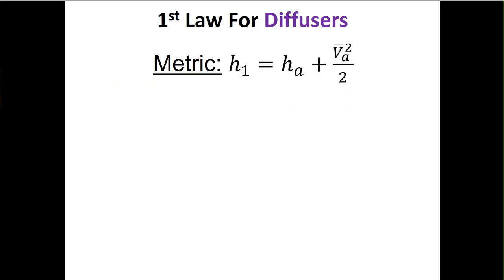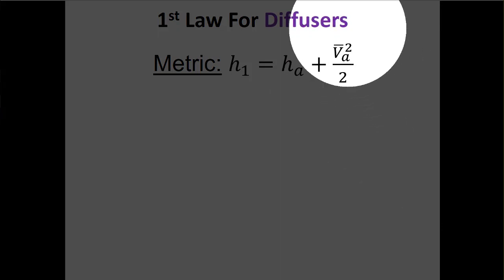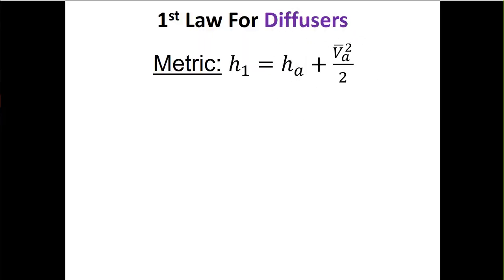So if I do that, then my equation, if the problem is metric, is going to look like this. h1, so that's the enthalpy at the exit of the diffuser, is equal to the enthalpy at the inlet of the diffuser plus the kinetic energy that was there, right? So what this equation is saying is we took all that enthalpy at the inlet and all that kinetic energy at the inlet, and we turned all that kinetic energy into enthalpy. So we raised the enthalpy by that amount.